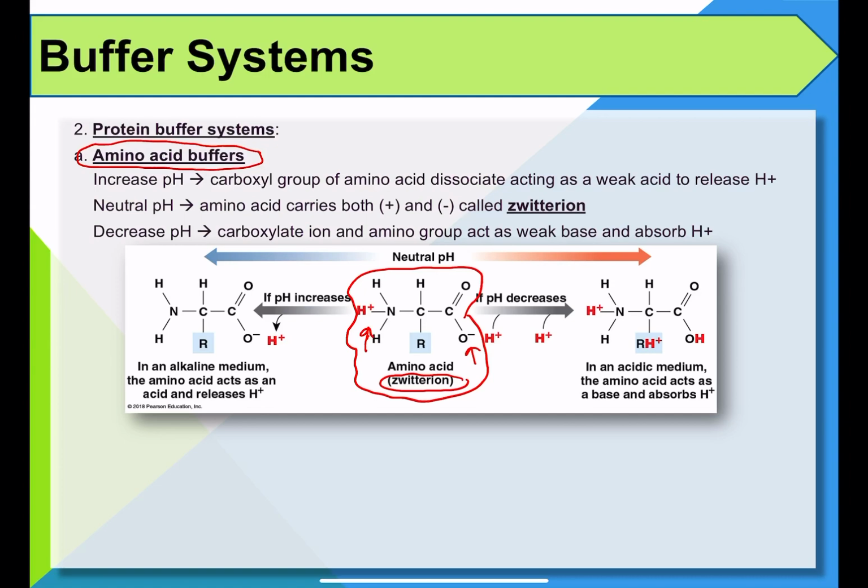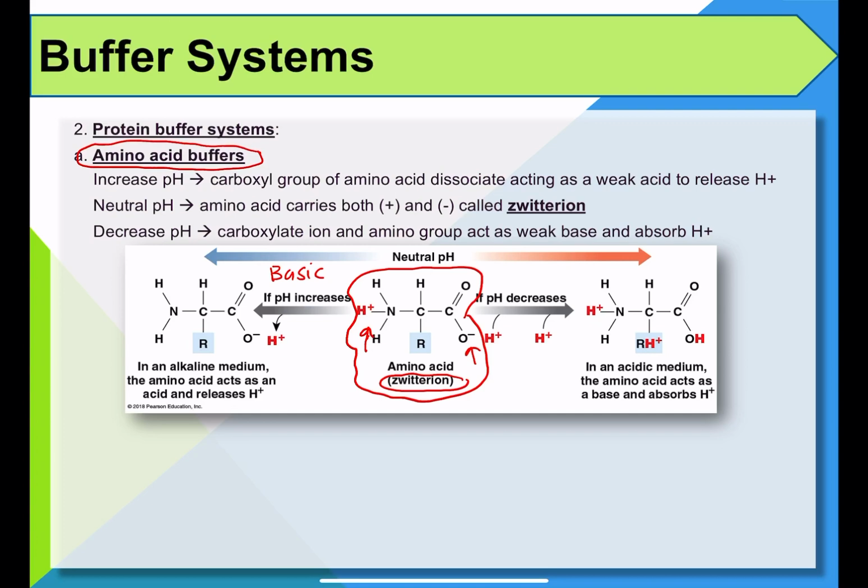And because of that, it can become a buffer because it has a capacity to donate a hydrogen positive ion, or the negative charge side can act as your conjugate base to accept extra hydrogen ions depending on the pH of the solution. So if you have increase in pH, which means it is getting too basic for your body, then your amino acid can act as your weak acid to donate hydrogen ions.